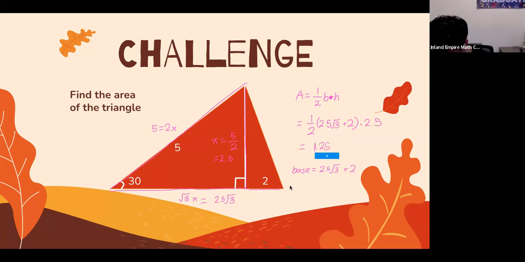So right here, I'm doing 1/2 times 2.5. So I'm putting these together, that gives me 1.25, and then multiplying by that. And we can't actually combine 2.5 root 3 plus 2 because the square root gets in the way. So yeah, you would need a calculator for this if you wanted to simplify the root 3, but in simplified form, you can just say this is the answer for now.